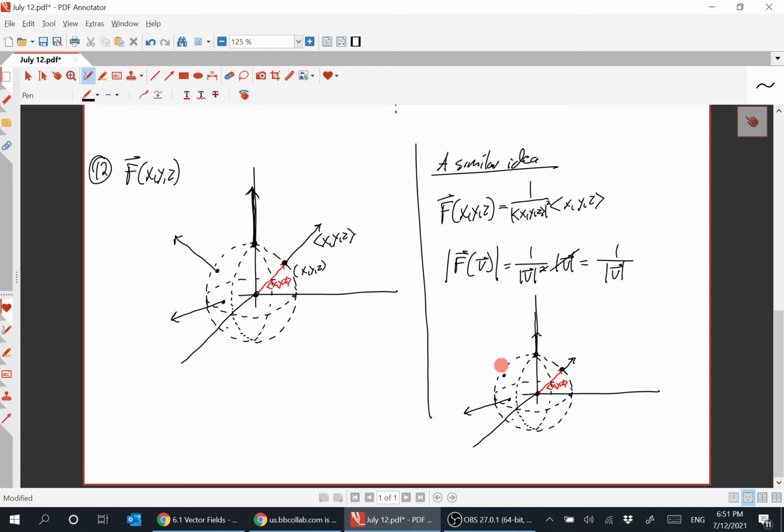And along any sphere, the vectors have the same length, and the further out you go, the smaller those vectors get. So this would be the vector field of something like the concussive force of an explosion. If you had an explosion at the origin, and then you go out here, the vector is even smaller.